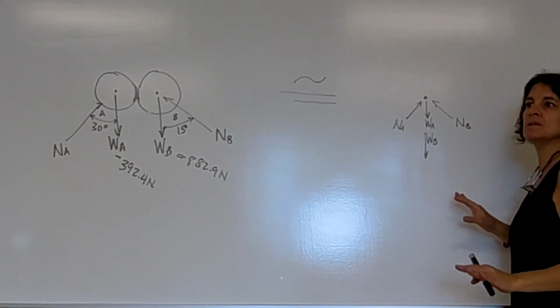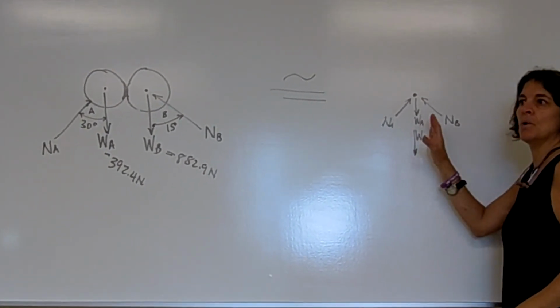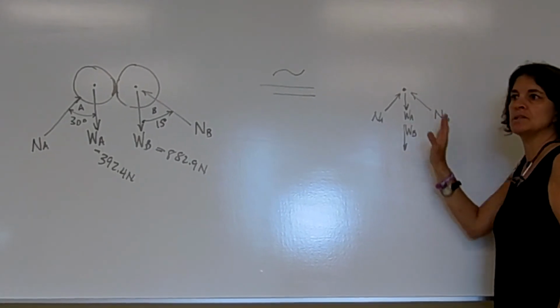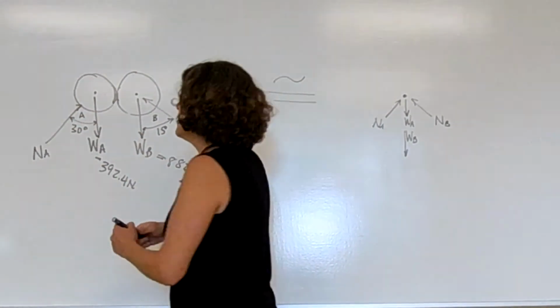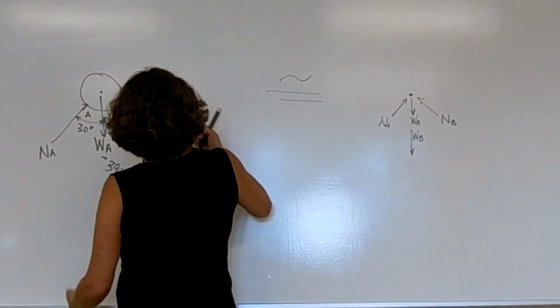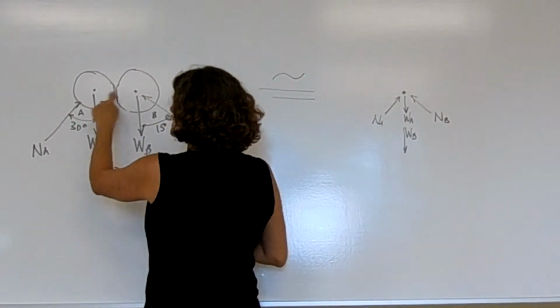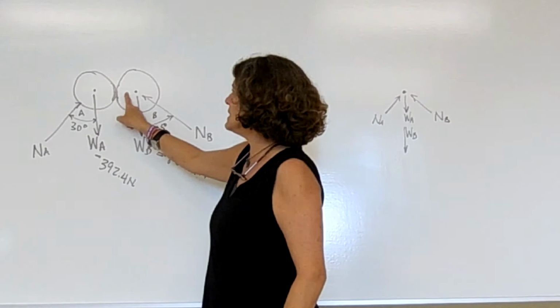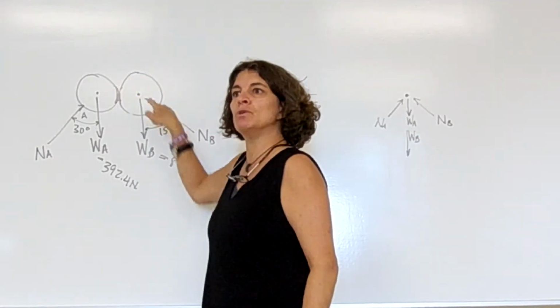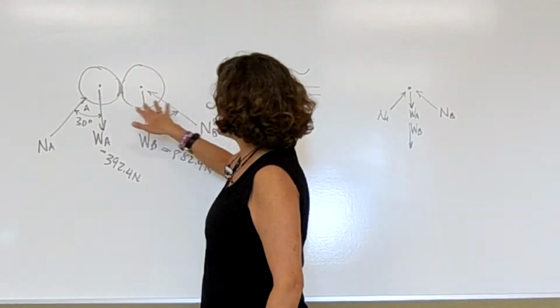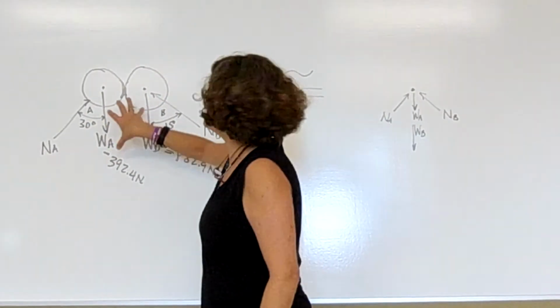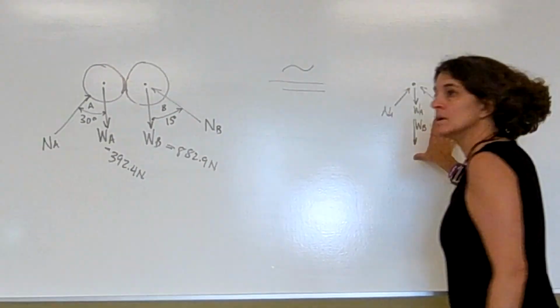Only translational, right? This thing's either going up or down or to the side. It's not spinning. But let's take a look at what's happening here. There's a force coming here, there's a force coming here. These have a distance between them. Can't these cylinders actually have a rotational motion too? Because they can have a rotational motion, we can't reduce this to this.